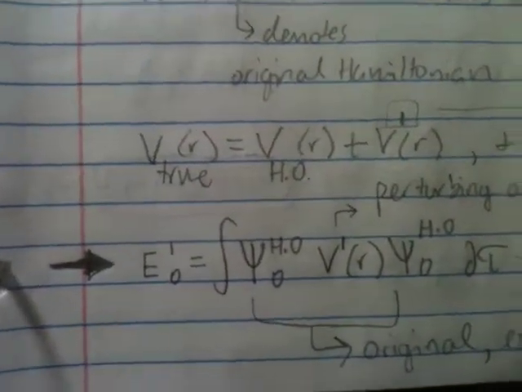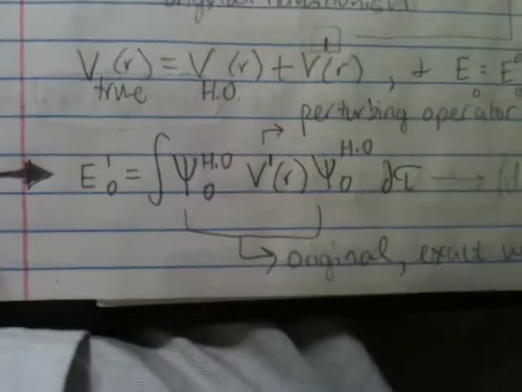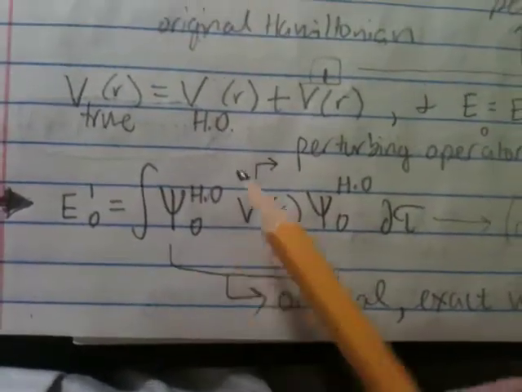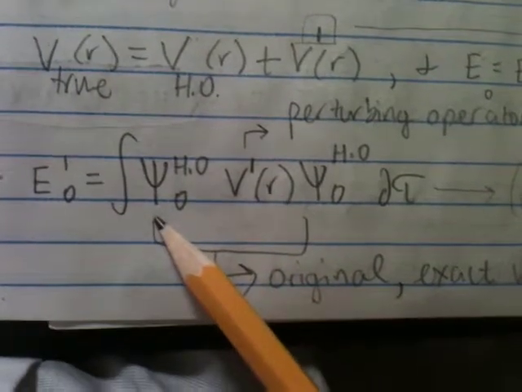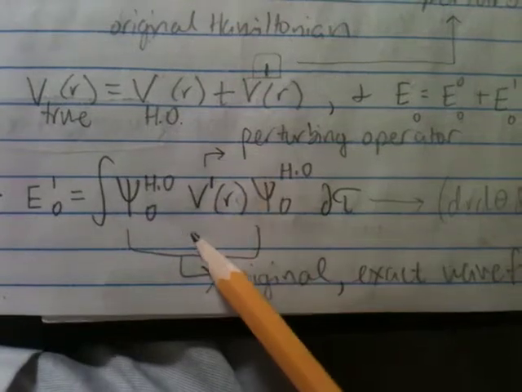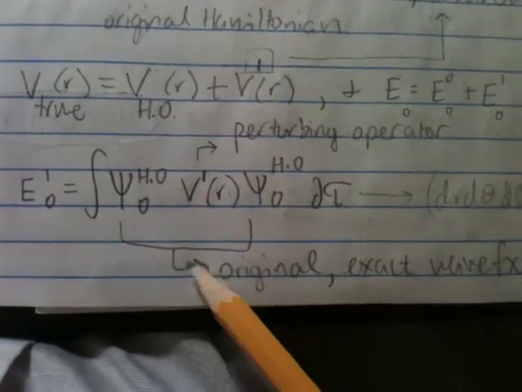What does this energy look like? It's very intuitive. It's the integral of your original wave function, but with the perturbing operator acting on it. And this makes sense, right?